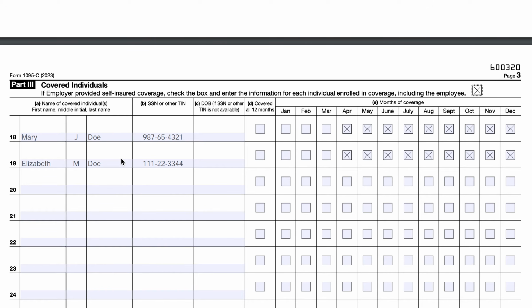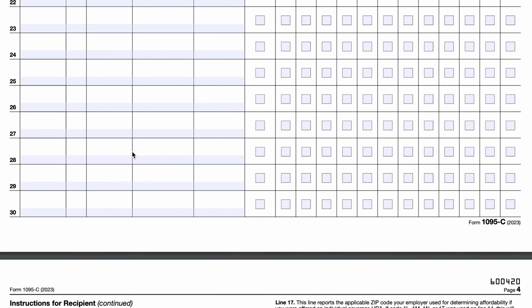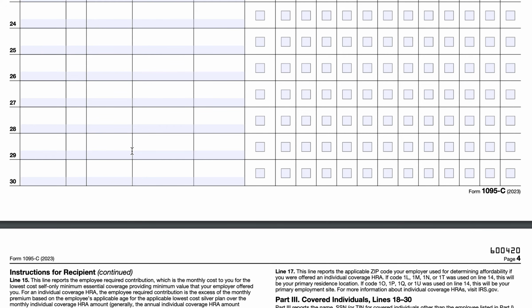The IRS recommendation for each individual taxpayer is twofold. One, you don't necessarily need to put any of this information in your tax return, but you should keep it in your tax records. Two, if you have family members that are not dependents for your tax return, but they are listed here as a covered individual, then you should provide a copy of this form to your covered individuals. Your employer will not do that.